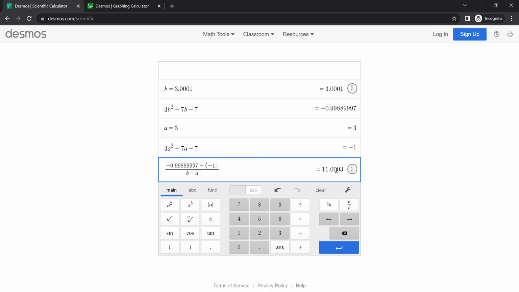You can see that it's basically 11, which is correct. So it's basically 11 for that. All right, let's go back to the other screen here.